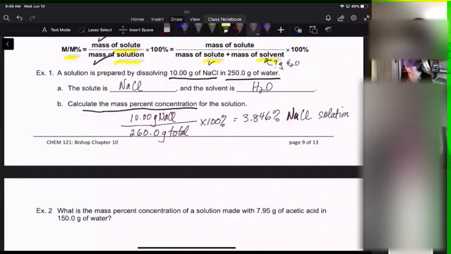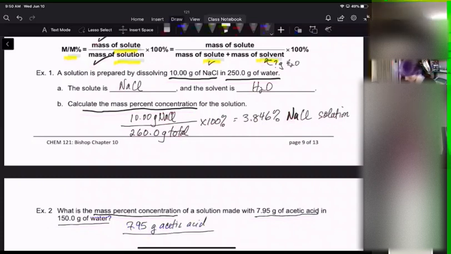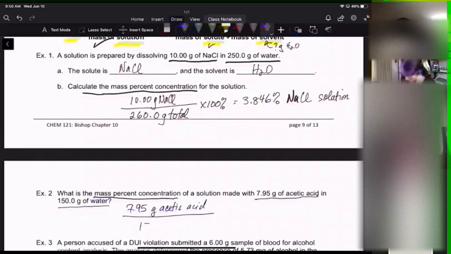All right, let's do one more before we end our time. What is the mass percent concentration of a solution made with acetic acid in 150 grams of water? 157.95 grams total.